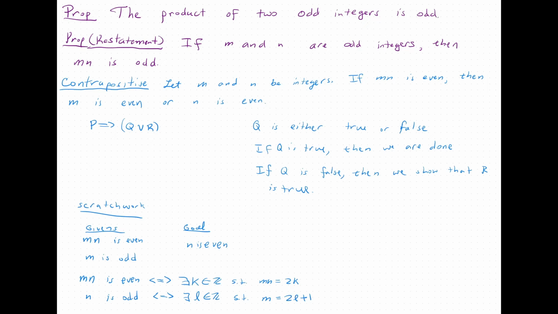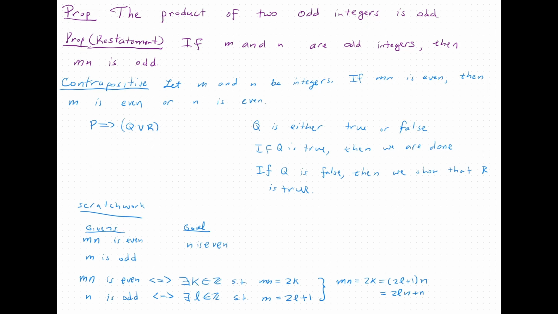So now, if we put these together, we have that mn is equal to 2k, which is the same as also saying 2l plus 1, where here this is m, times n. If we expand the right-hand side, we have 2l times n plus n.